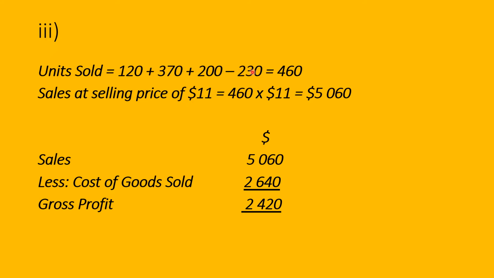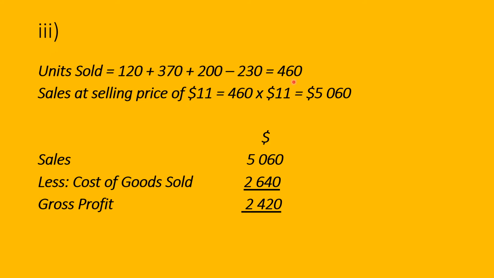More or less the same thing that we did with the cost of goods sold, except this time we are using the units. So we get 460. The 230 was unsold at the end of the month, so it means these were sold. Sorry, that should be these minus the 230, so 460 was sold.